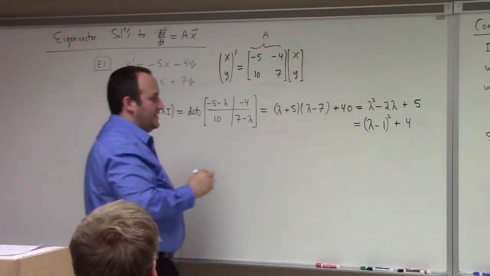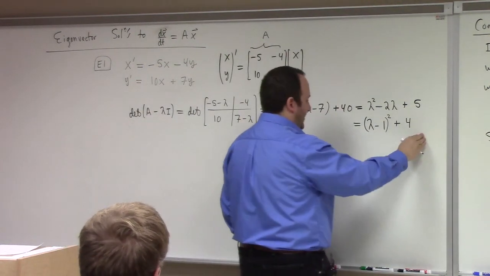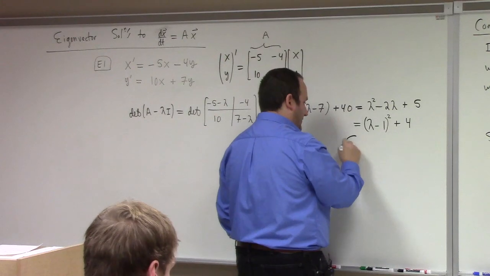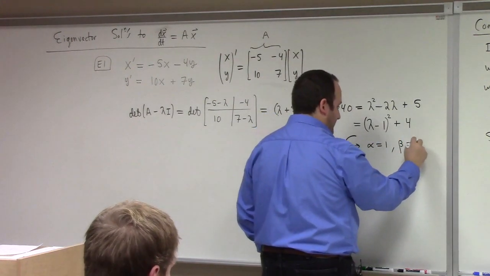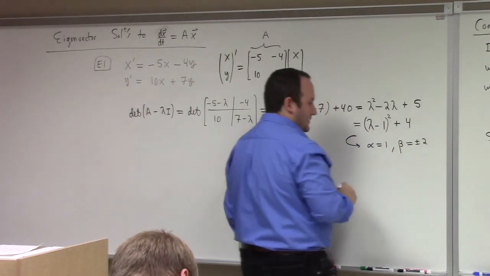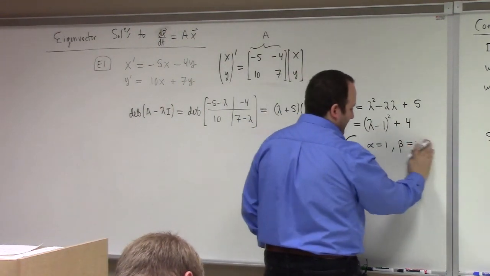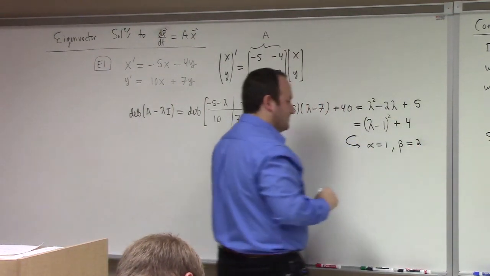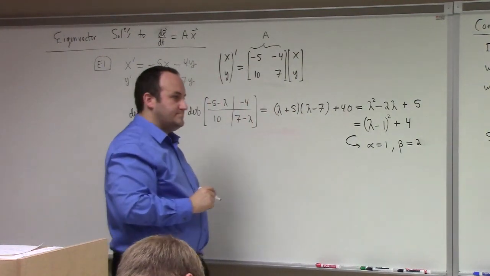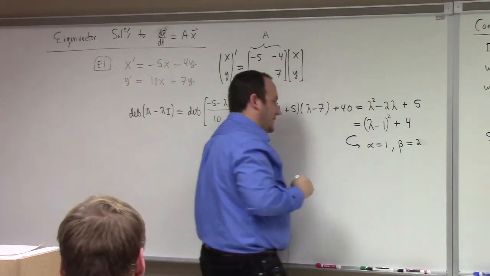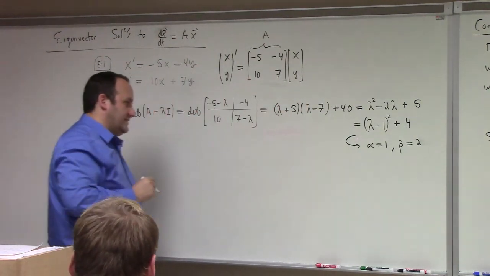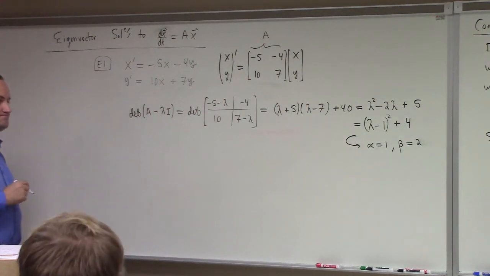So generically speaking, once you got to this pattern, this tells me that alpha is equal to 1 and beta is equal to plus or minus 2. I mean, let's just say beta equals 2. So this gives me complex lambda of 1 plus or minus 2i.